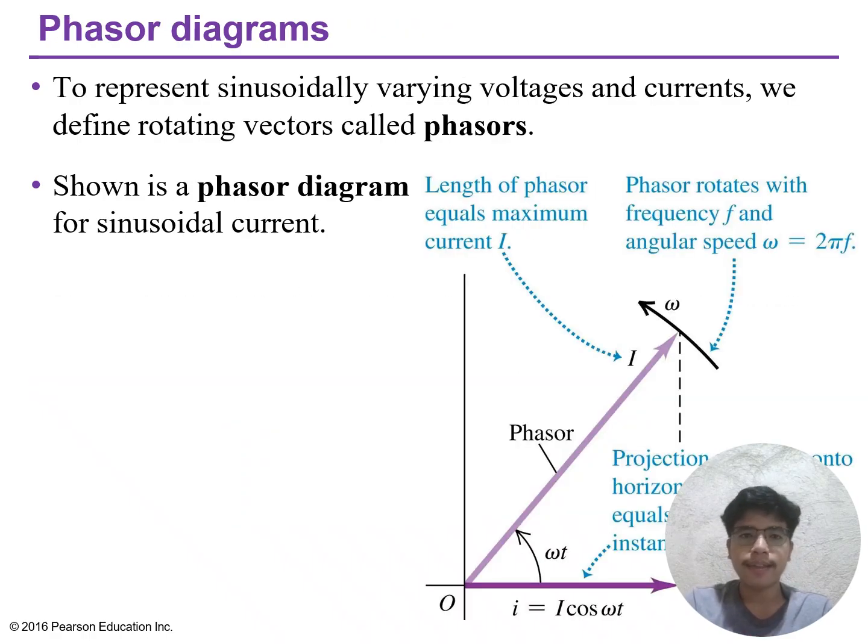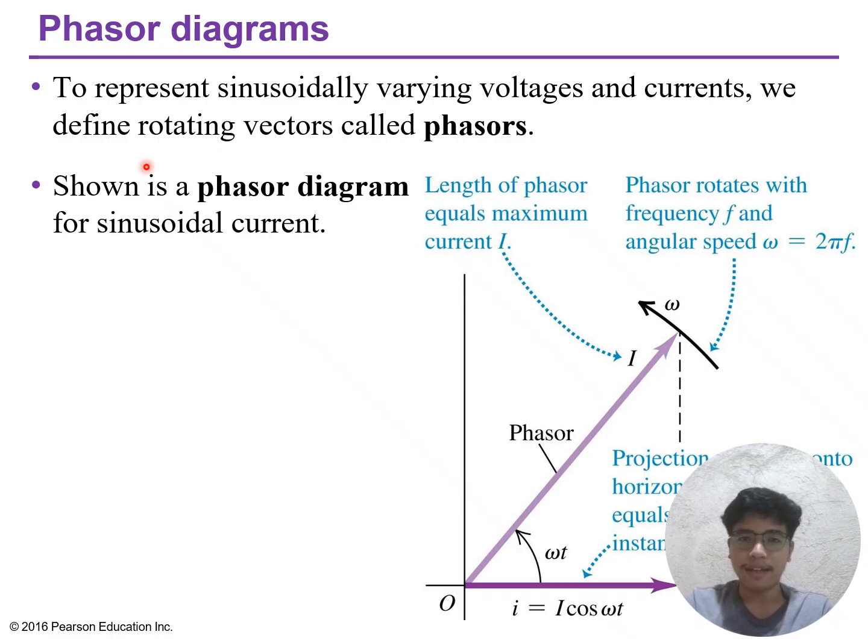So to represent sinusoidally varying voltage and currents in a way that simplifies our calculation and intuition, we define rotating vectors called phasors, which are representations of complex numbers in the complex plane.